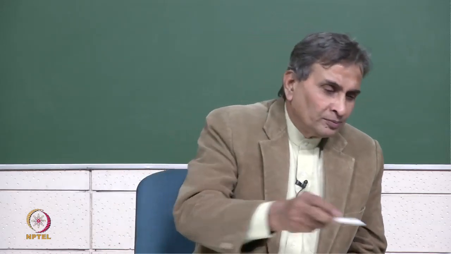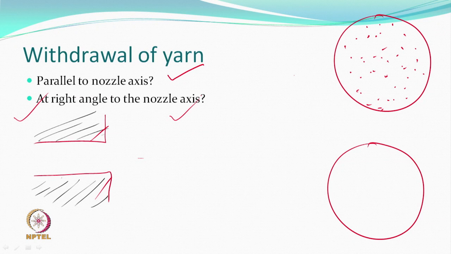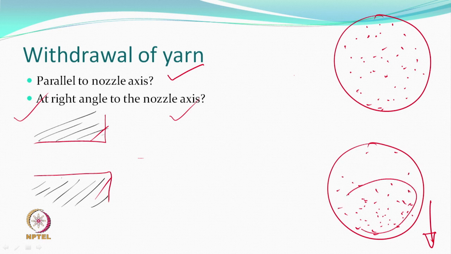But if you do it at right angles, there will be a bias. If you are withdrawing in this direction, more filaments will be at this point, some of course will be here and one or two may be there as well, based on what has happened to them, but the majority will fall in this region, because you are pulling in that one direction.